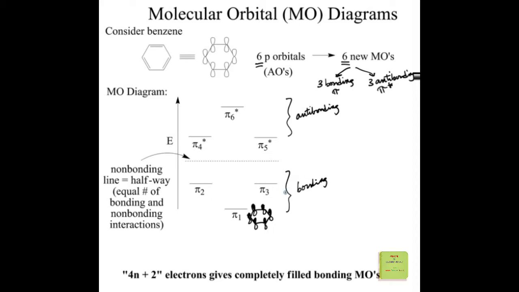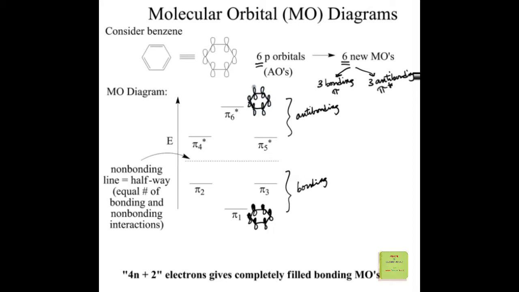I'm not going to draw them all. Then we have a couple nodes, and we're even higher in energy still. What do you think this worst one looks like? What would be the worst possible interaction between these p orbitals so that there are no bonding interactions whatsoever? It's completely anti-bonding. Well, again, that extreme is pretty easy to imagine.